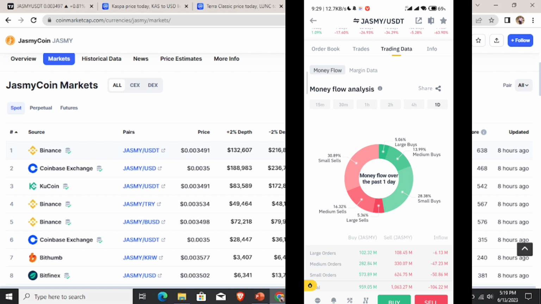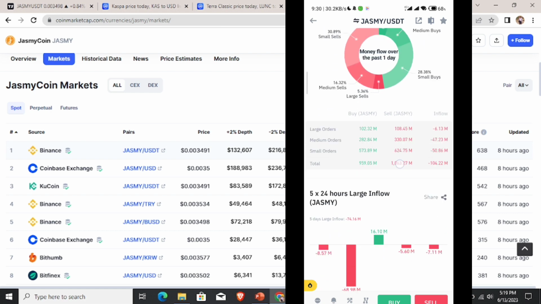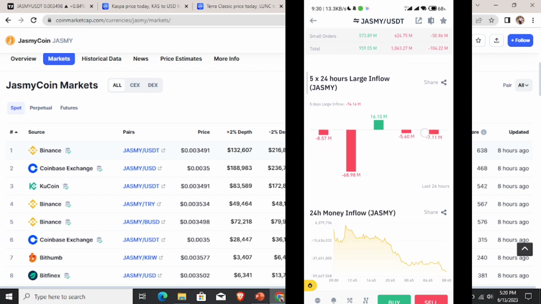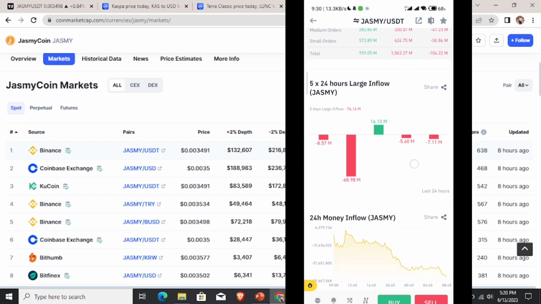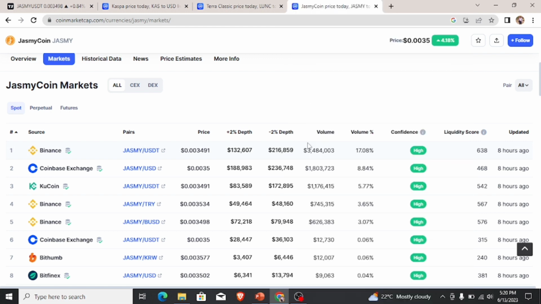If you are to sum up everything, you'd realize that the money flow for the sell orders is about $1,063, and then the money flow for the buy orders is about $959. So there's more money flow in the sell transactions than in the buy transactions, and this gives you a clear indication that the price of Jasmy is currently experiencing a downtrend.